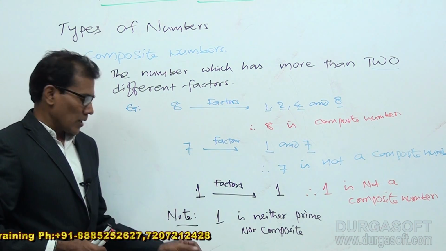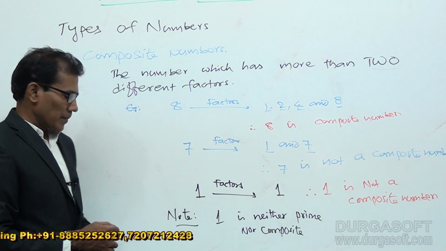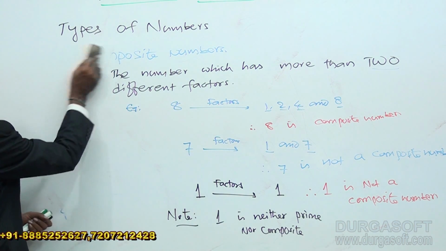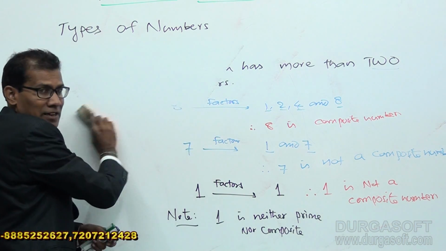So we are discussing different types of numbers, and the very important type we are going to discuss next is the rational number.